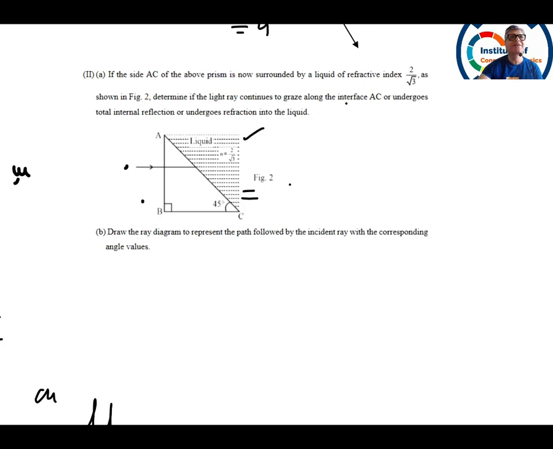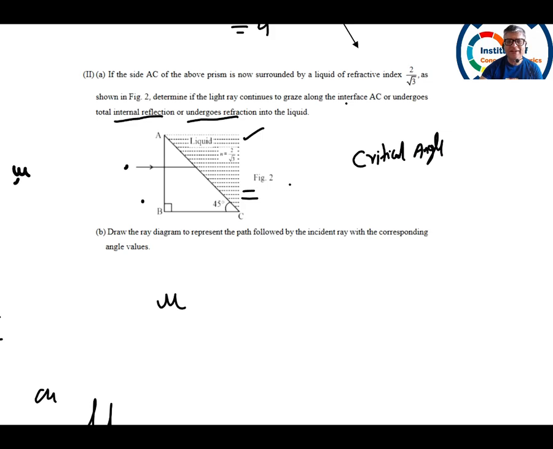See, the first thing, the logic is, whether the total internal reflection happens or not is dependent on what factor? The critical angle, right? So let's see if we can find the critical angle. The refractive index now has undergone a change.